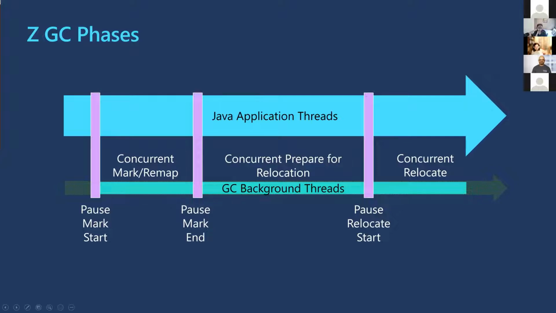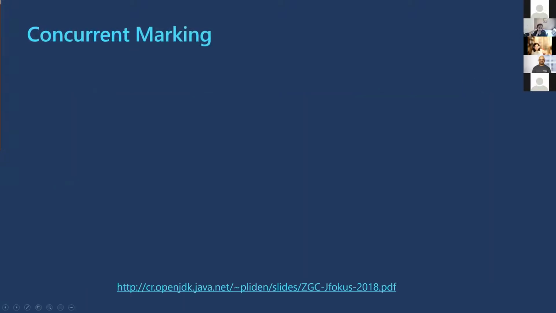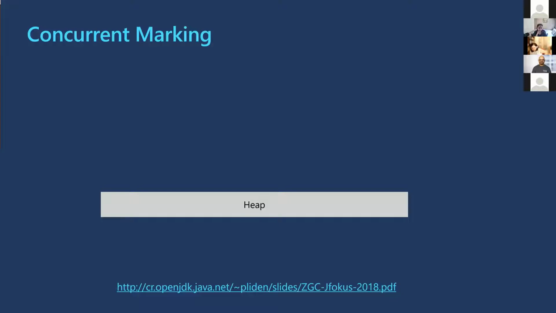Now let's dive into concurrent mark. The way ZGC does concurrent mark is by stripes. You take the entire heap, and because it's not generational yet, we can take the literal entire heap and assign our GC threads like this.